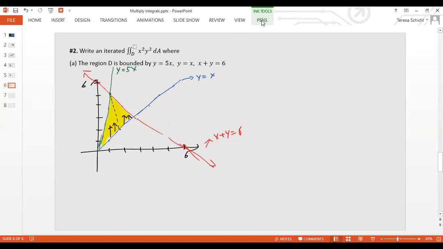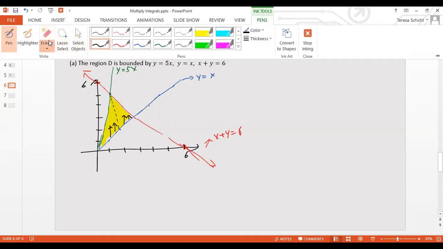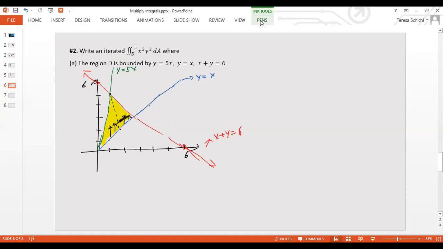Then you say, okay, how about let me try the x direction. If you do the x direction, you start here, you integrate here.